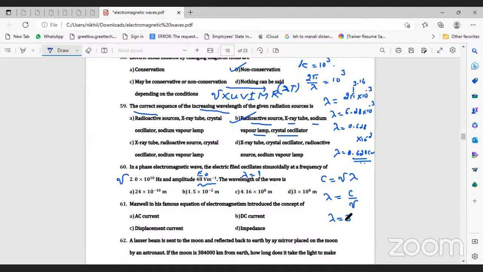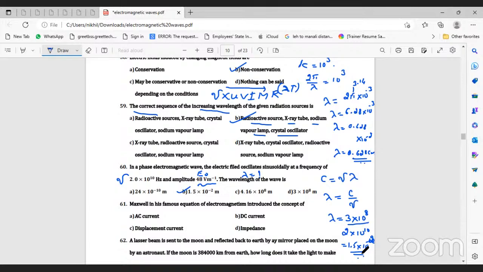C is 3 into 10 power 8 by nu, and nu is 2 into 10 power 10. What is 3 by 2? 1.5. When 10 power 10 goes to the numerator, it becomes minus 10. 8 minus 10 is minus 2. So 1.5 into 10 power minus 2 meter. So this is the wavelength of the wave.